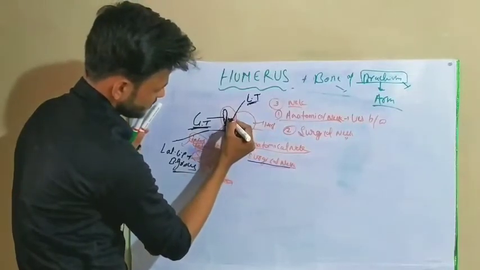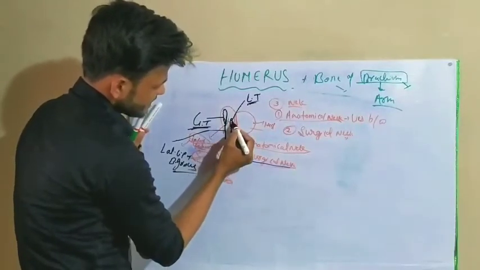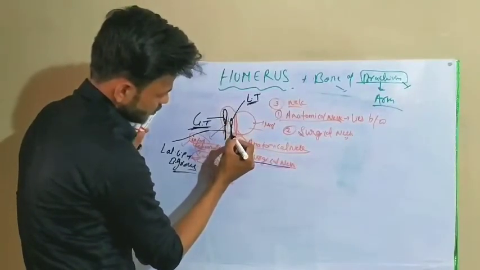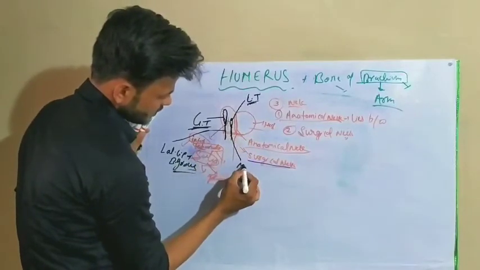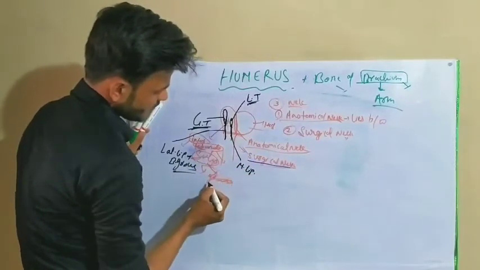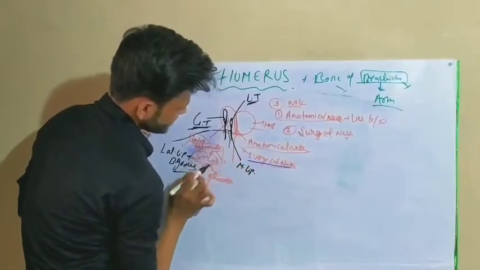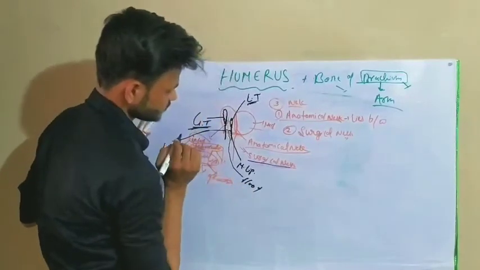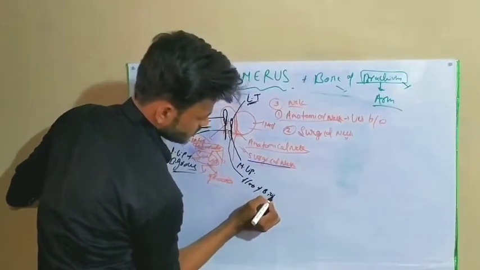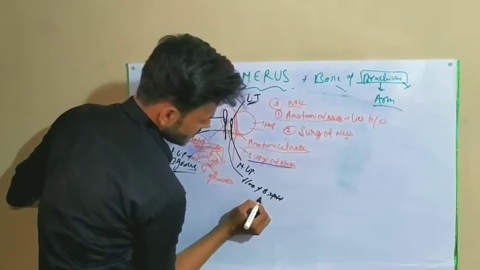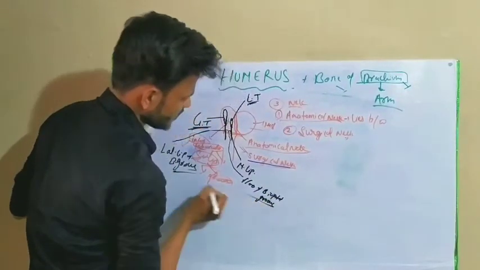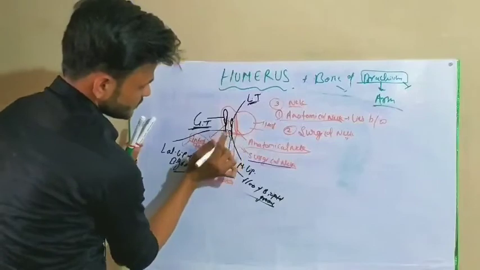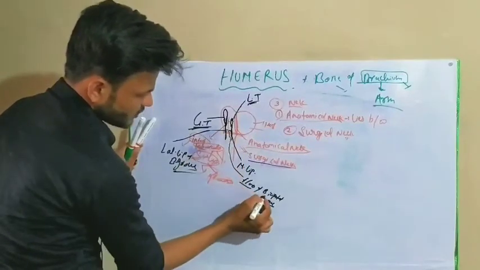The lesser tubercle also makes a lip and moves downward; this is the medial lip. In between the two lips, lateral and medial, there is a space, and this space is called the floor of the bicipital groove.